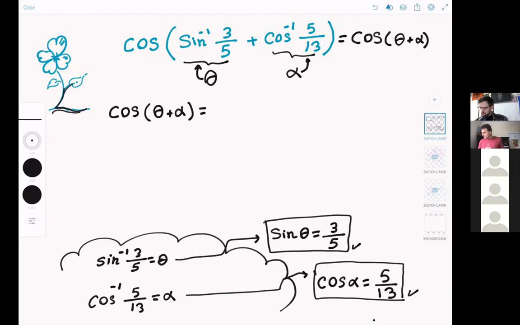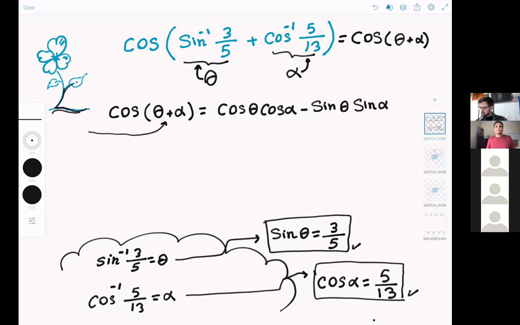We see the addition rule here, correct? So cosine of theta plus alpha, you go to the note sheet. The formula for this is cosine theta cosine alpha minus sine theta sine alpha. You get it from your note sheet for the first formula that we learned for the addition rule.